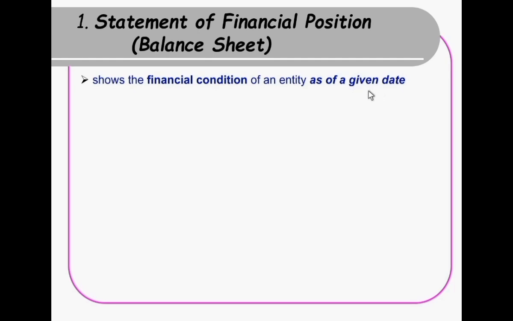It must be dated, let's say, as of December 31, 2023, as of June 30, 2024, or as at December 31, 2024, or simply just December 31, 2024. We must not date the statement of financial position for a period of time, like for the year ended December 31, 2024. It must be dated as of a given date, not for a period of time.